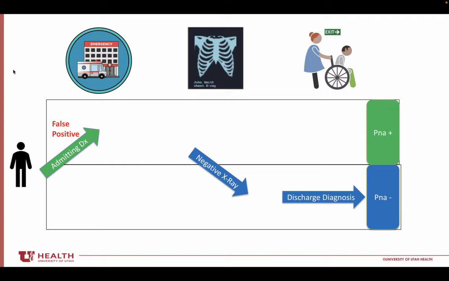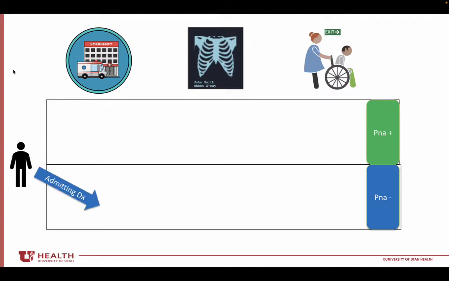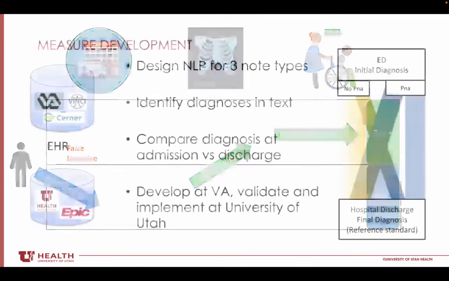And so this was a case of a false positive diagnosis of pneumonia. And conversely, maybe they didn't recognize the pneumonia initially, and it turned out to be that. Either of these cases are diagnostic errors that we want to be able to measure and track in order to assess how much they affect patient outcomes.